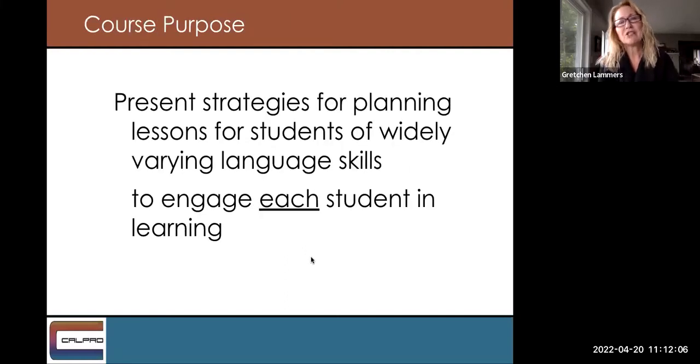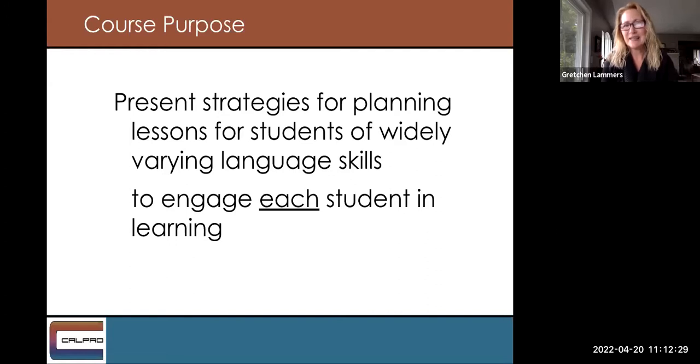So the overarching purpose of this 4-week course is to present strategies for planning lessons for students of widely varying language skills. The first time I read this slide, I read wildly, like wee-haw, wildly varying language skills. And wouldn't you agree that that's very true?